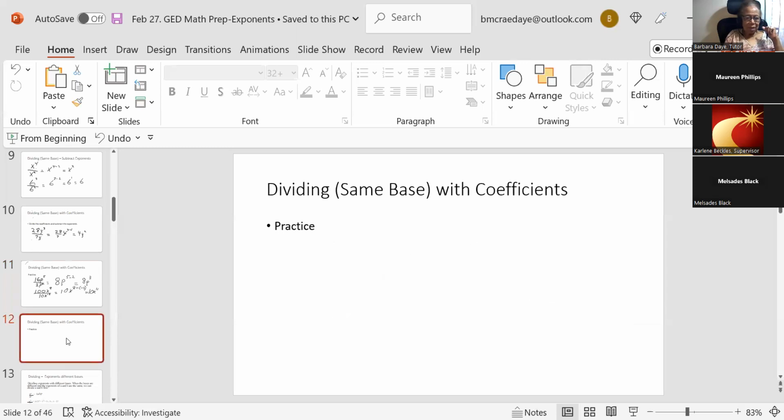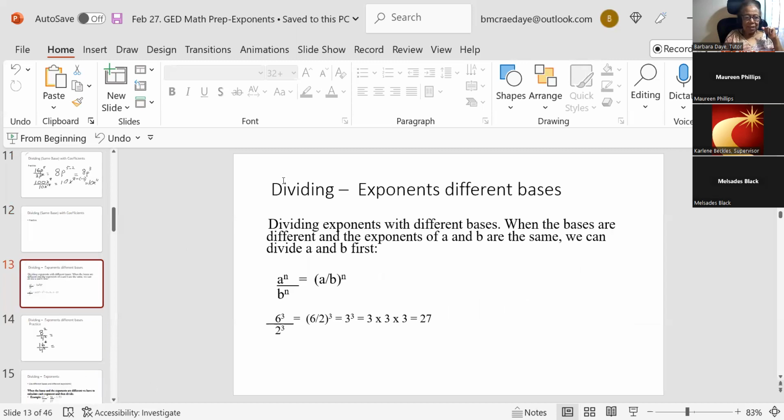All right. Now, let's see. Now, exponents with different bases. Okay, Mercedes, read this. Dividing exponents with different bases: when the bases are different and the exponents of A and B are the same, we can divide A and B first.